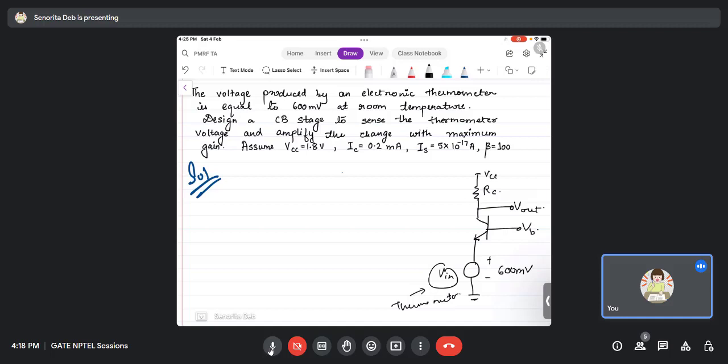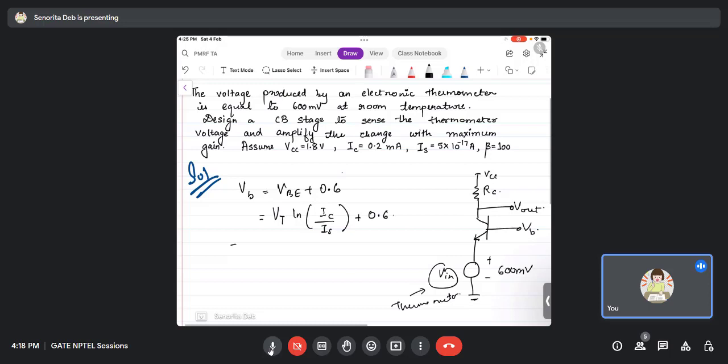Now what will be VB? You see this voltage is automatically getting defined by the VBE and Vin DC value, whatever is getting sensed, right? So 0.6, okay? So VBE plus 0.6. So I can write this as VT natural log IC upon IS plus 0.6, right?